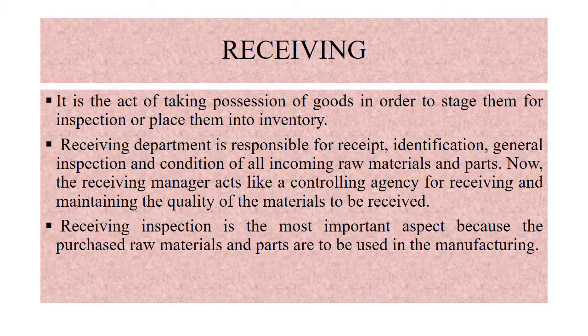It is a statement prepared by the receiving department showing the details of the materials or goods received. It contains the date of receipt of the material, quantity of the material received, condition of the material received, name of the supplier, etc. So this whole part is done under the element receiving, that is receiving of material.